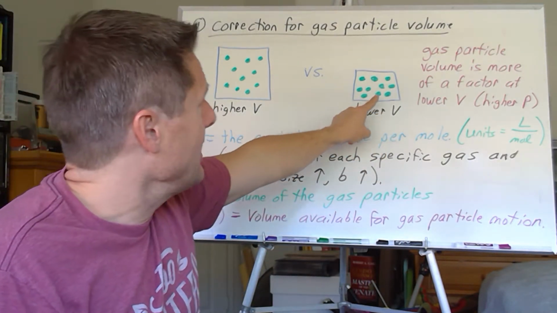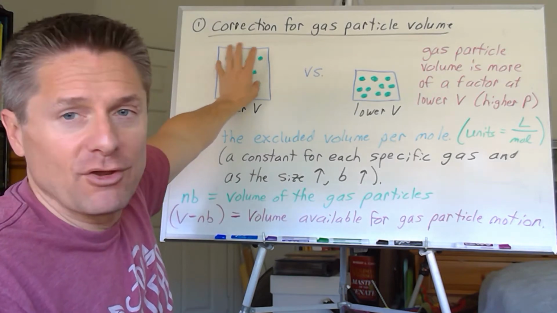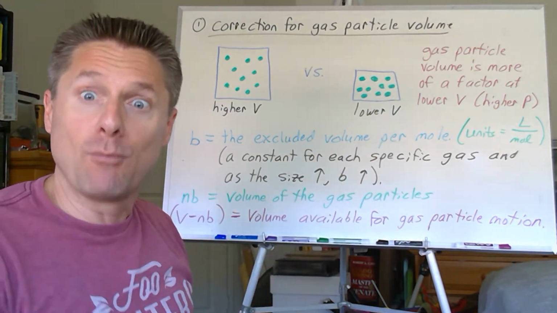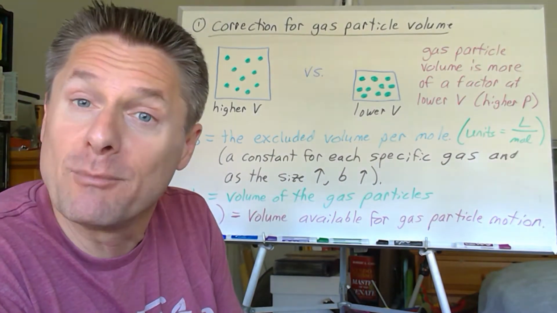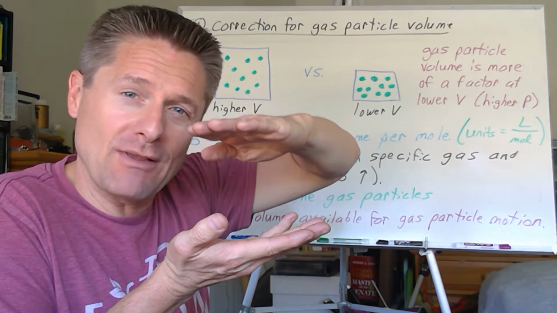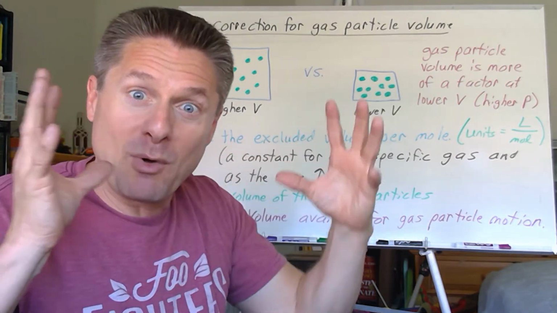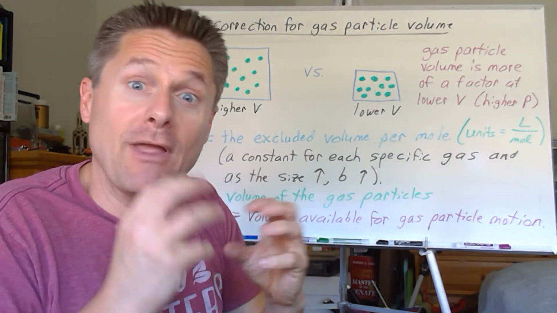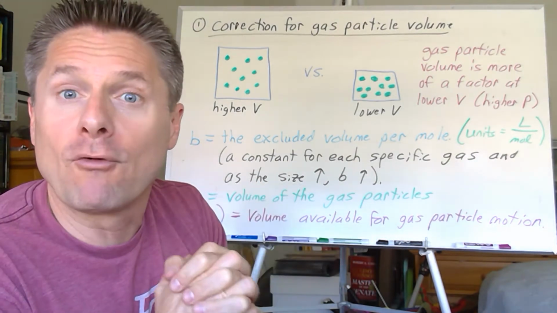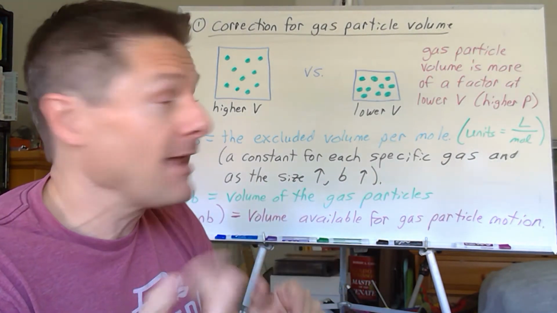So would you agree, normally we would assume the gas particle volume is irrelevant compared to the size of the container. And the bigger the size of the container, the more irrelevant the gas particle volume is. But as you make that gas chamber smaller and smaller, the gas particles get smushed closer and closer together, and they become a more significant percentage of the overall container volume. See what I'm saying?